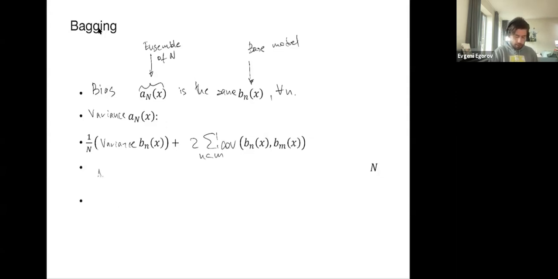So if this term is 0 or nearly 0, then the variance is decreasing. The more models we have, given that the covariance is not increasing, the better the results in terms of variance decrease we obtain.